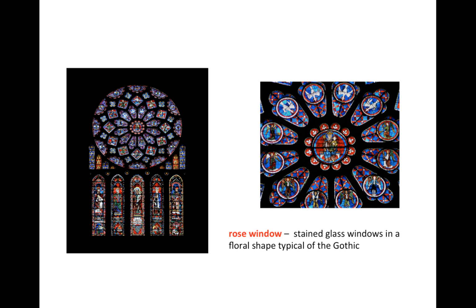You often see her holding a lily during this Annunciation scene. So the lily for centuries was a symbol used to indicate purity. And we see all of these references in this particular rose window.